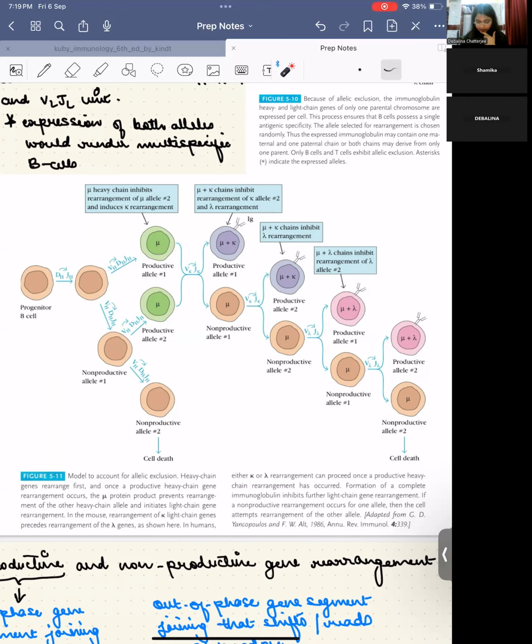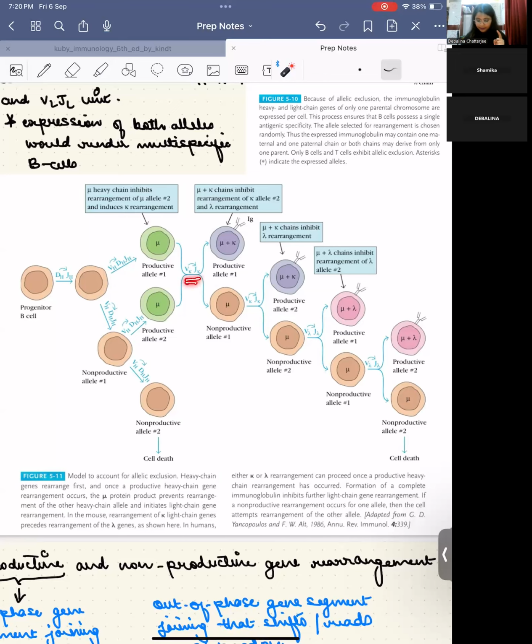But if after this recombination a non-productive allele forms, we will again have a rearrangement initiated. If we still have a non-productive combination, because now both the alleles are exhausted, the cell is triggered for death. But let's just assume that one non-productive recombination followed by another productive recombination gives this cell a chance to now enter recombination for its kappa regions, right?